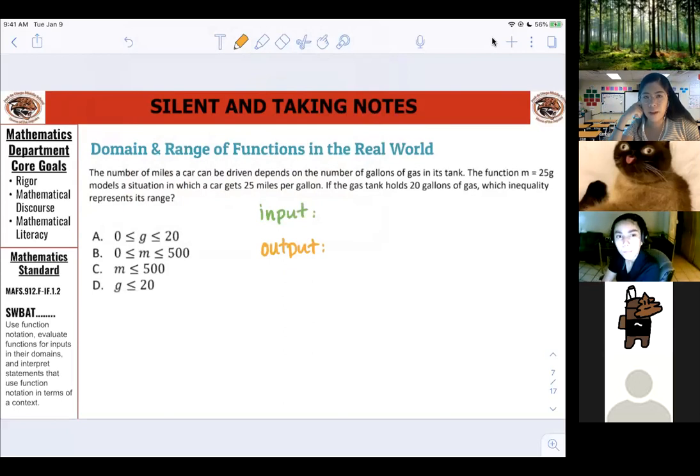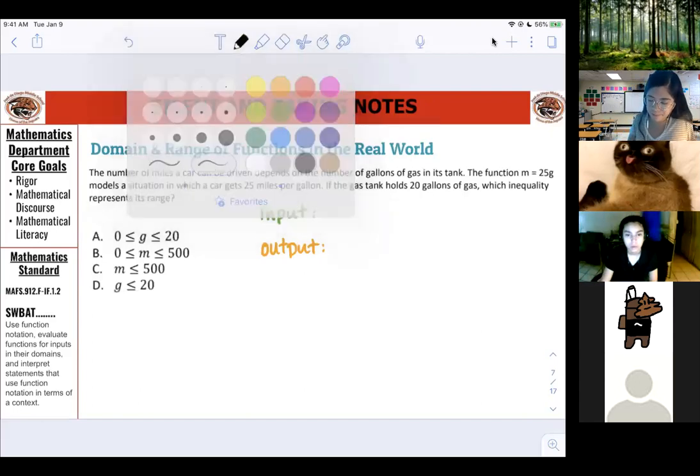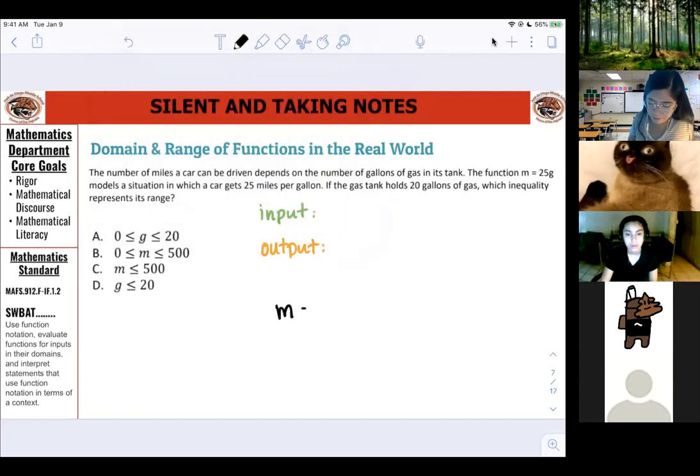M. Does anyone agree, disagree? And let me write the function down right here below. This function's a little bit different than usual. It doesn't have the parentheses, right? So it's a little bit different.